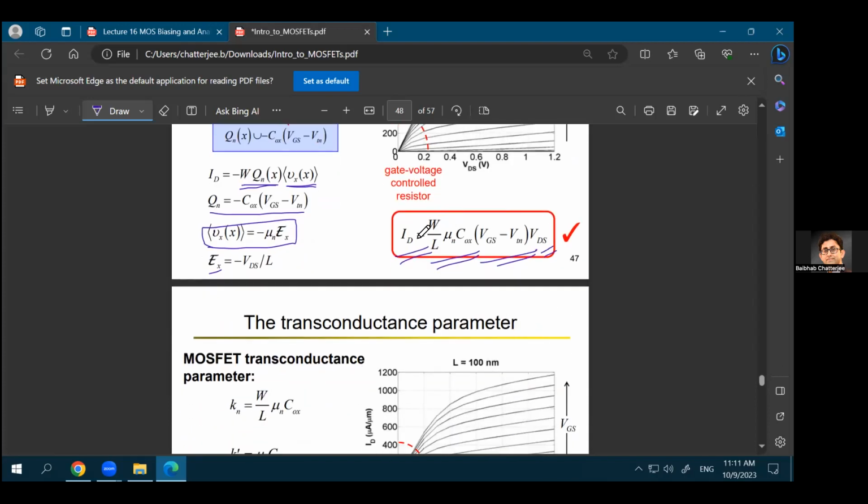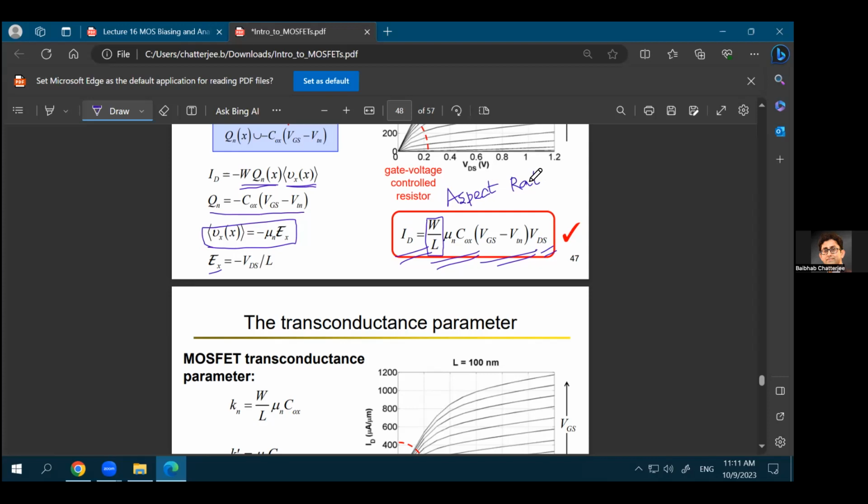So that basically says that the current in the MOSFET device is proportional to the W over L ratio. So the width over length ratio, which is called the aspect ratio of the MOSFET. So the aspect ratio is something that is very important when you will be solving any problems related to the MOSFET. So this is called the aspect ratio.